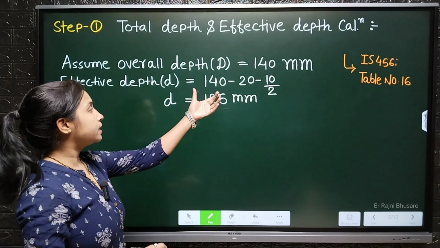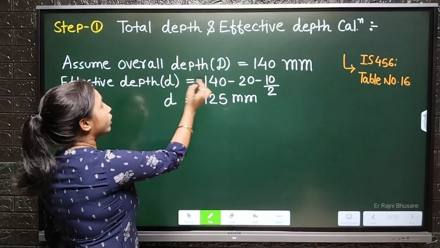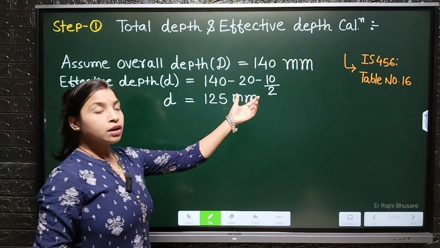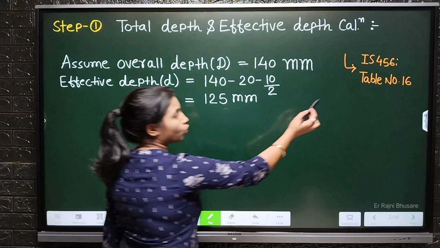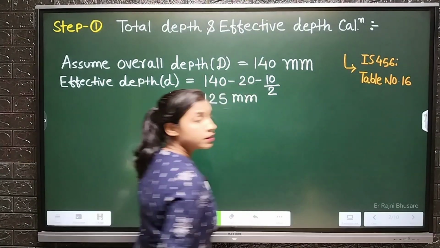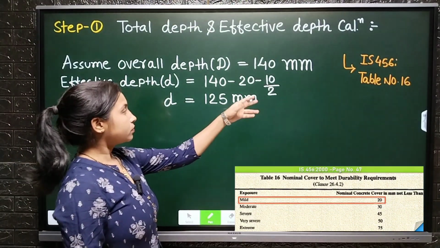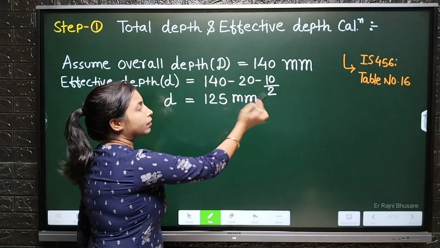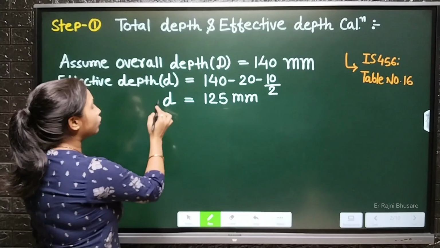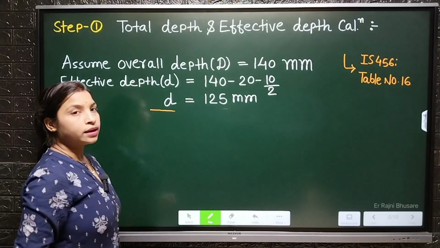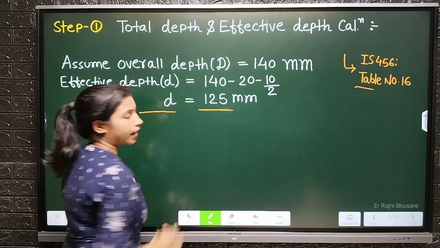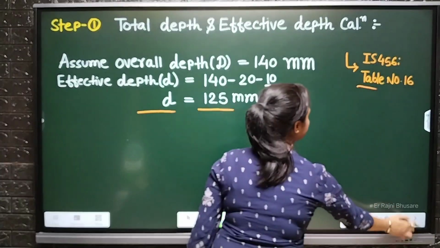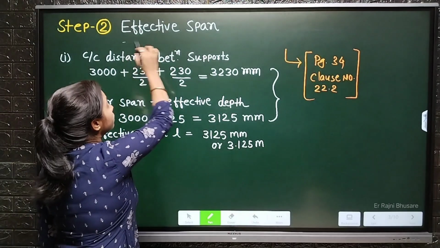So our overall depth is 140 minus effective cover 20, taken as per IS code 456 table number 16, and minus the assumed bar diameter 10, so it will be 10 by 2. Now it is calculated, so our effective depth d is 125 mm. Is that clear?